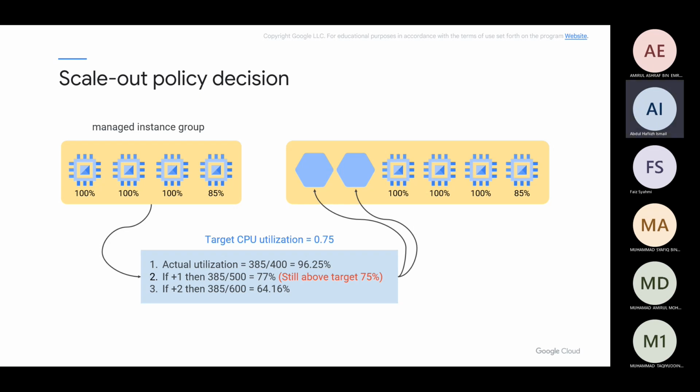So in this case, shown in the diagram, the autoscaler is conservative and rounds up. In other words, it would prefer to start an extra VM that isn't really needed than to possibly run out of capacity.